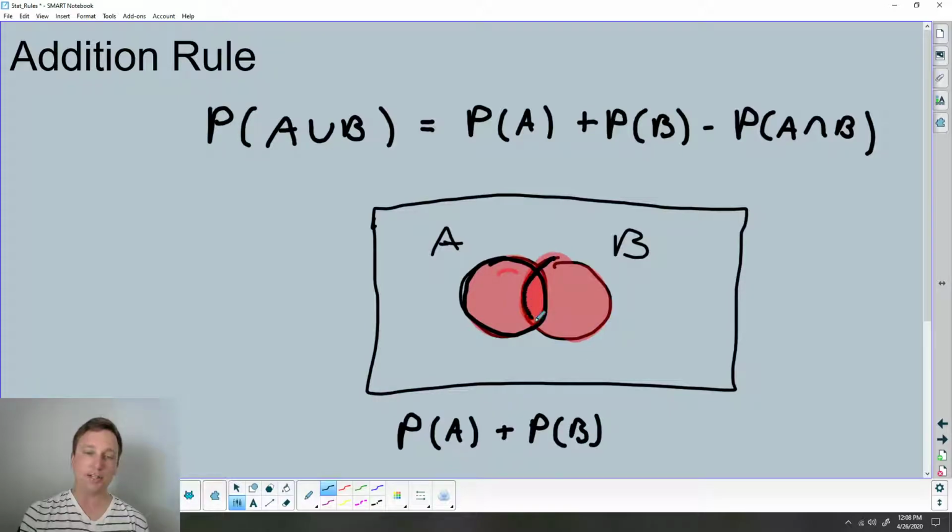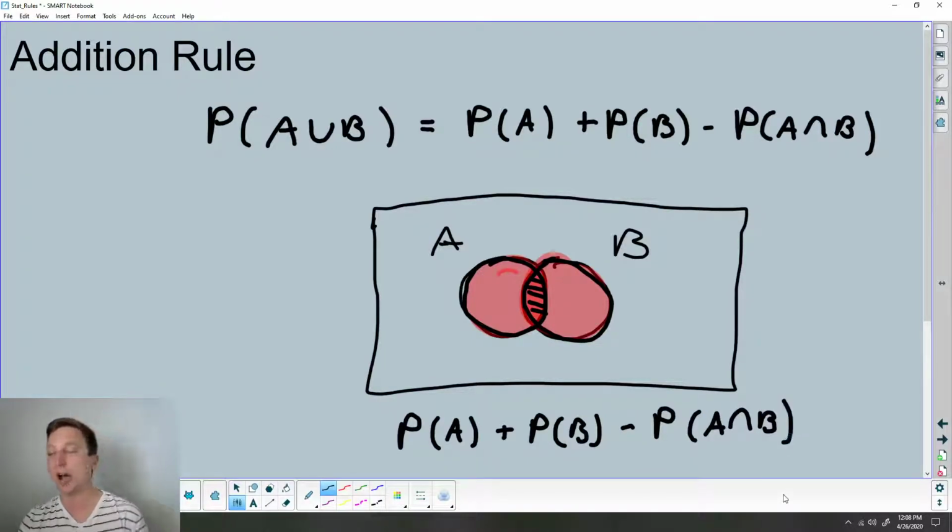But what you notice there is that I included one region twice. I double counted the overlap here, so I need to take one of those overlaps away. So A intersect B needs to go out one time, because I counted it twice when I added A and B together. So to get A union B, I add A, I add B, and I take away one of the overlaps.